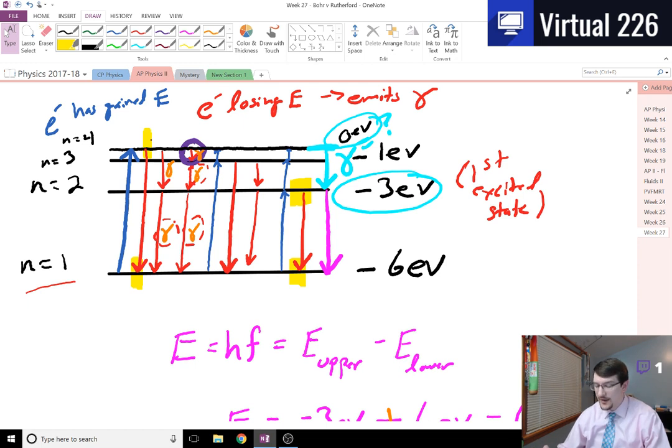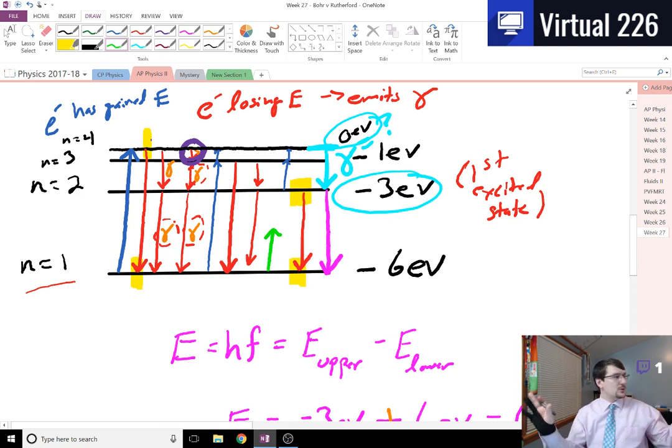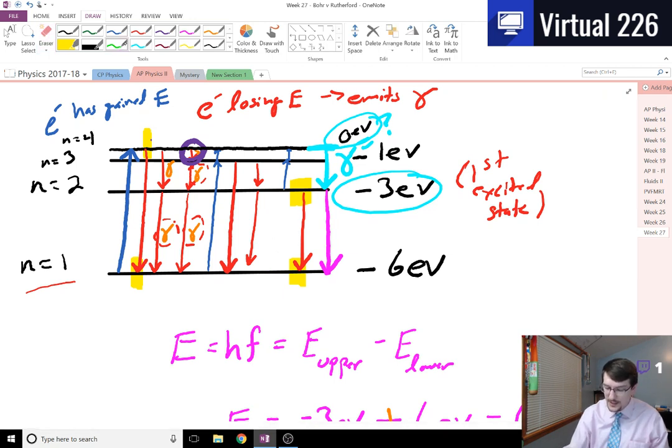You can't go halvesies. So if an electron is going to go from the N1 state upwards, it has to go all the way. There is no ability for this electron to go halfway from one photon of light and then say, okay, I'm going to wait out here, and then wait for a second thing and do that. That is not allowed. It has to be one transition at a time.